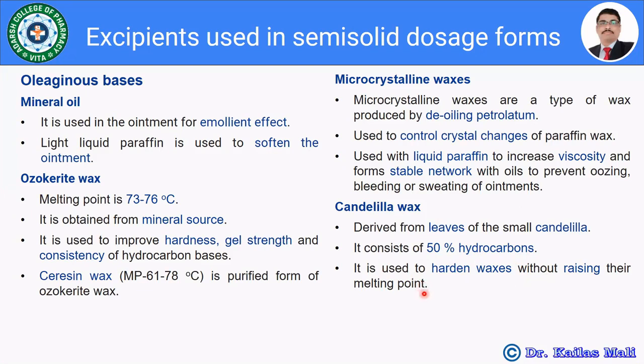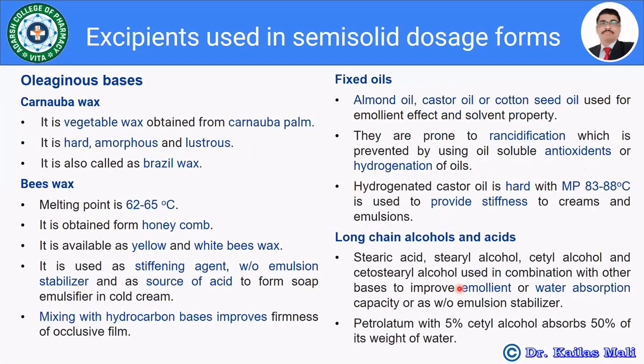Maybe in the case of the hard paraffin, it is going to increase the melting point of the whole formulation. But when we are using the candelilla wax, it is going to harden the formulation without raising the melting point of the whole formulation, right? So this is about the candelilla wax.